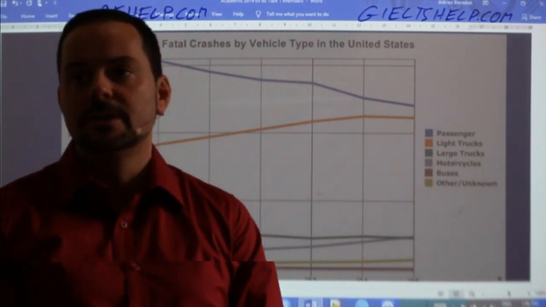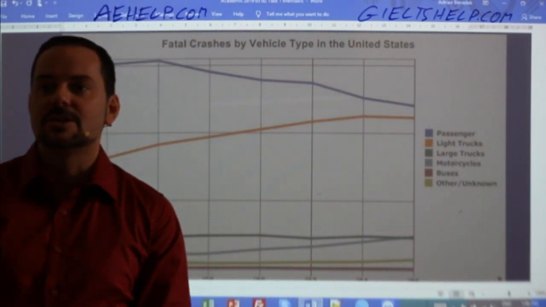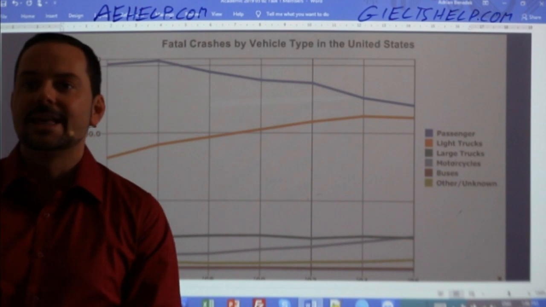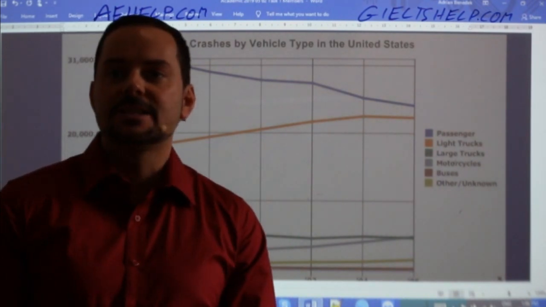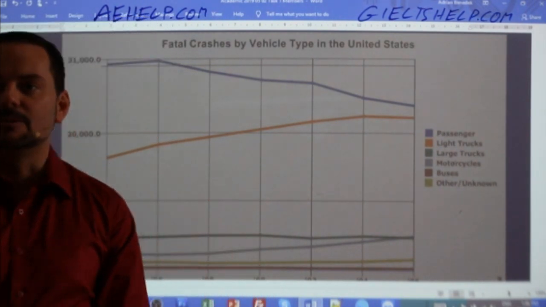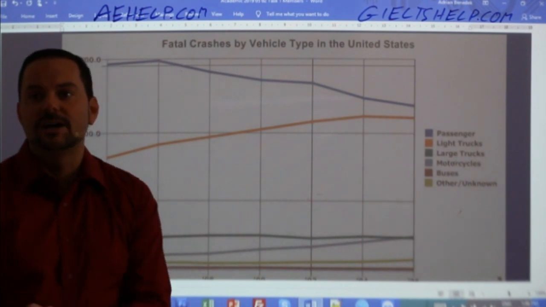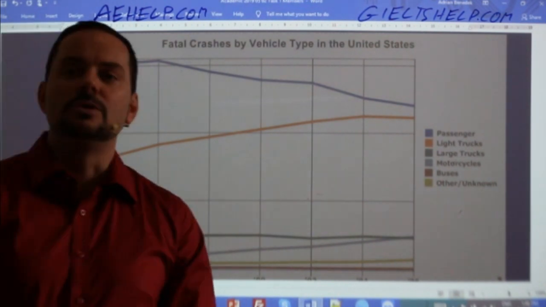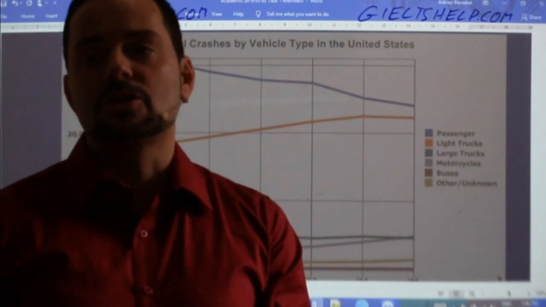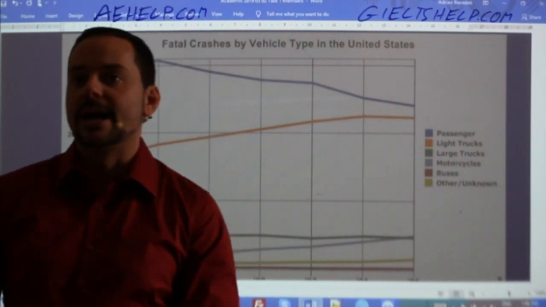Okay, Begzod says these solid lines depict the quantity of fatal crashes with 6 various vehicle types in the US. When looking at the y-axis, there's a scale from 0 to 31,000 accidents, while the x-axis demonstrates the periods starting from 94 to 2006 with intervals of 2 years. Really nice description there, Begzod, of the x and y axes.